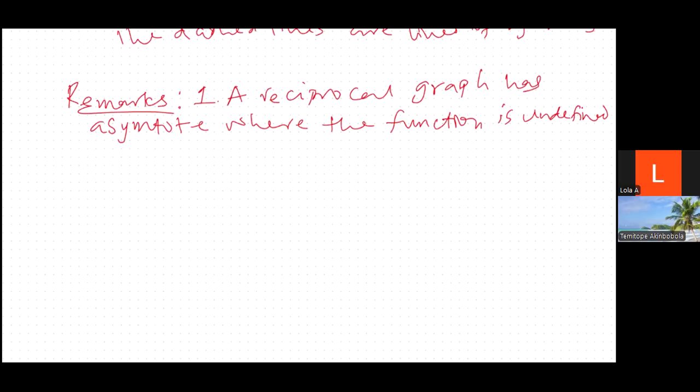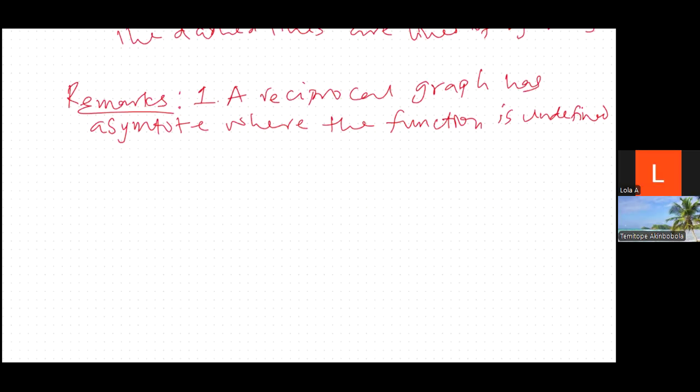But you can see the way I've constructed it now, I say a reciprocal graph has asymptote where the function is undefined. Or you say a reciprocal graph is asymptotic where the function is undefined. You are saying the same thing. Does that make sense to you?